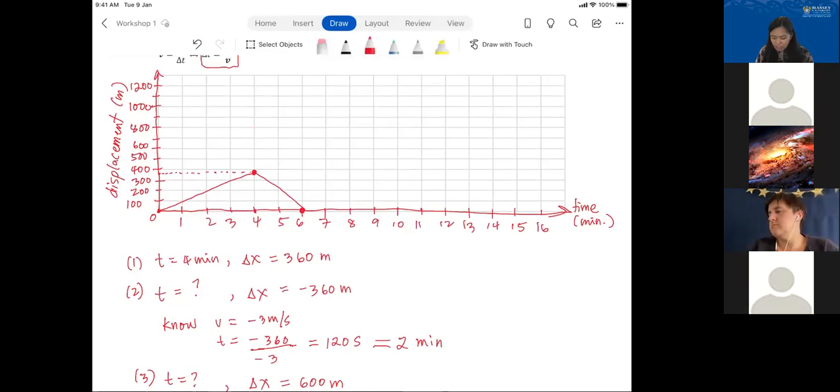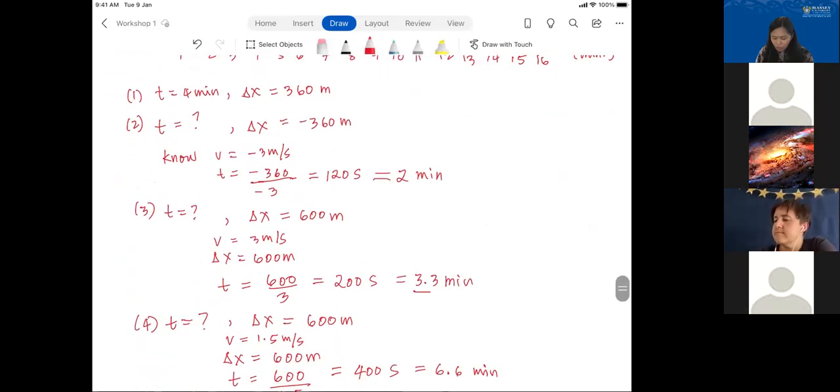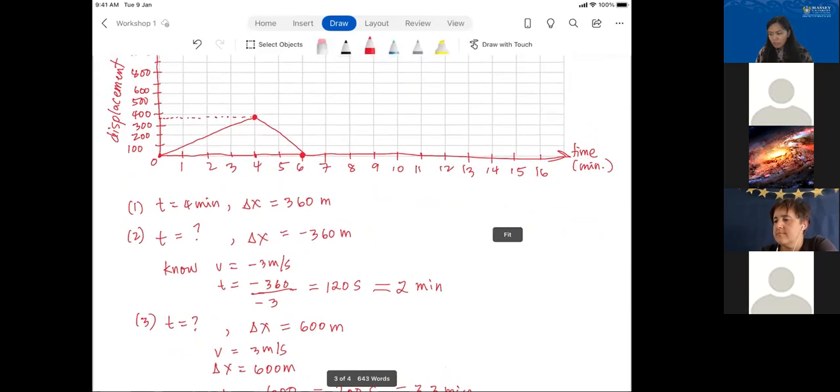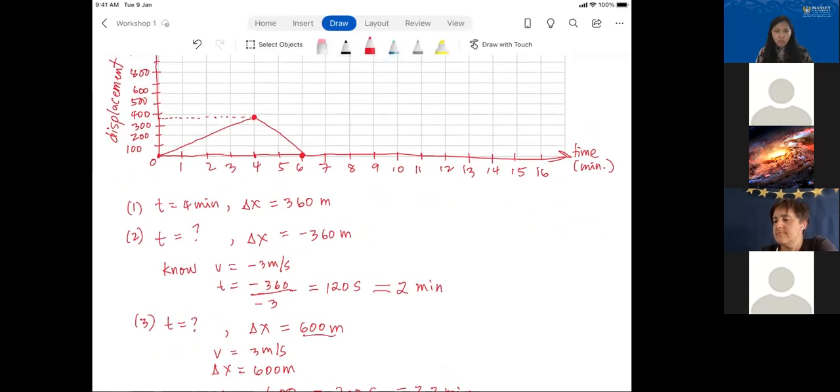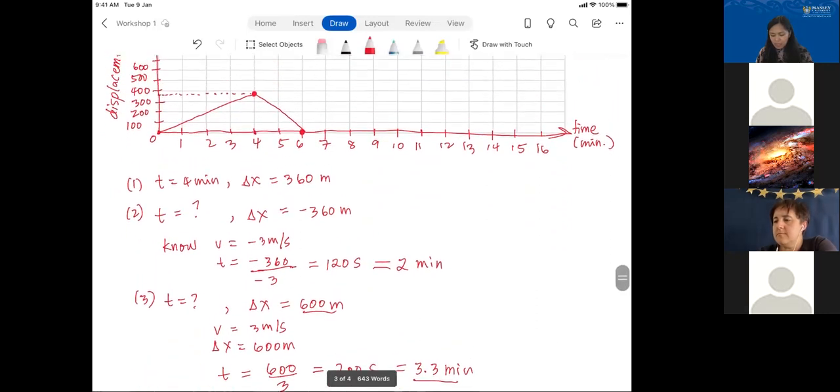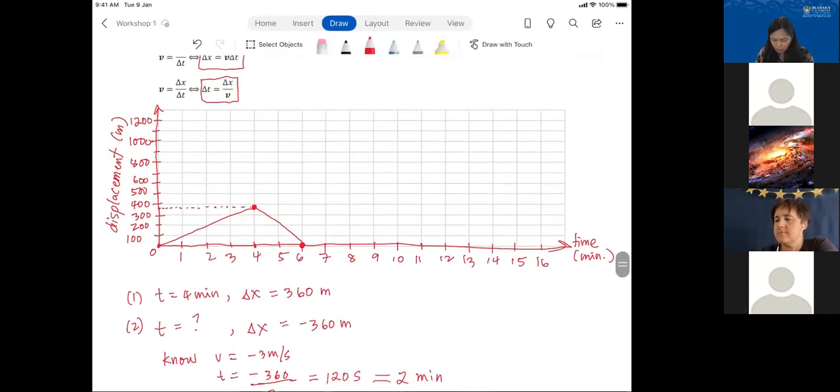Okay, and then the third segment took you about 3.3 minutes, and you traveled 600 meters. So your displacement after 3.3 minutes is 600 meters. So 600 meters is here, 3.3 minutes, 1, 2, 3, about here, and 600 is here.